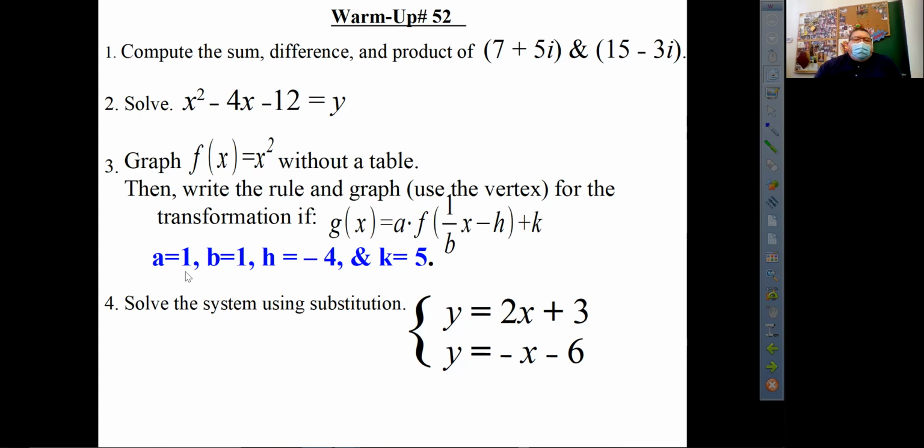And for the parameters, they give us a equals 1, b equals 1, h equals -4, and k equals 5. Last but not least, number 4 says solve the system using substitution. And they give us a system, y equals 2x plus 3 and y equals -x minus 6. I'll give you some time for that. Copy and go.